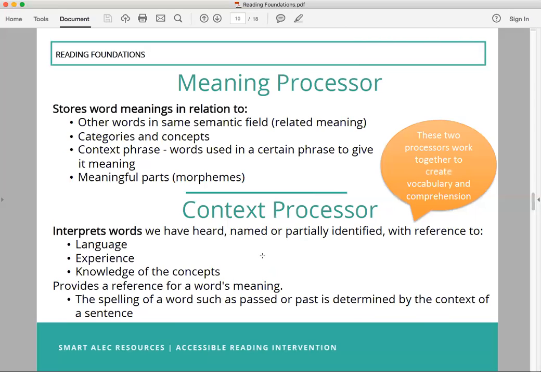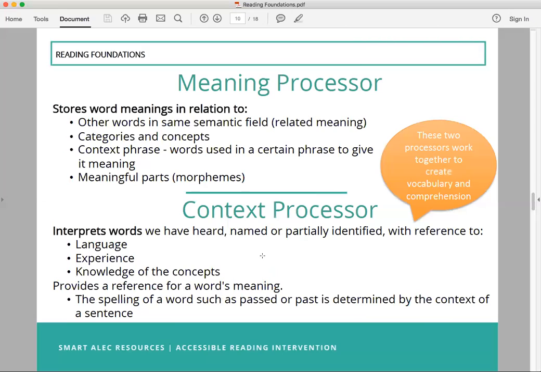So for example, if I was reading a word that said something about the president of the United States, I might need to pull back some of that language and experience and knowledge of those concepts to say, oh, it's the president. I syllabicated that wrong, or when I pulled that all together, it wasn't quite right. And so we have to use that vocabulary and that knowledge to be able to make those corrections.